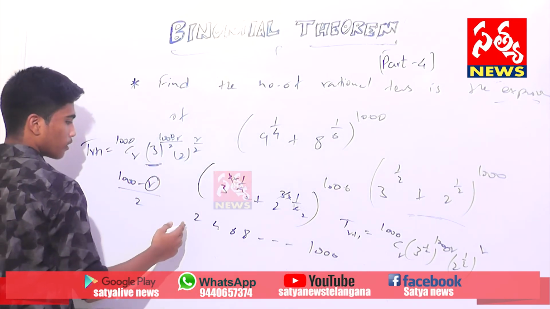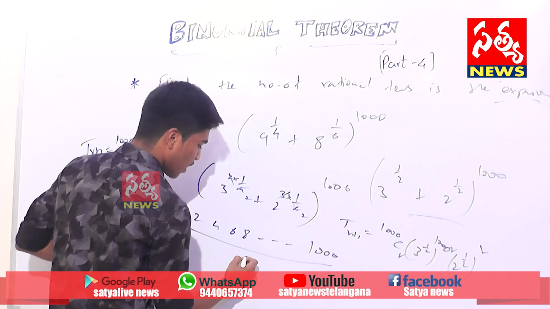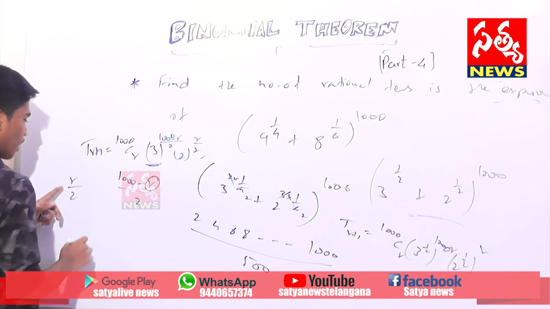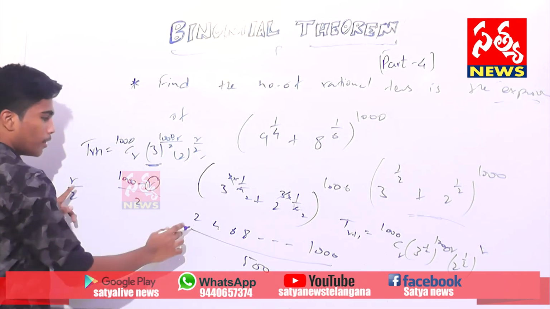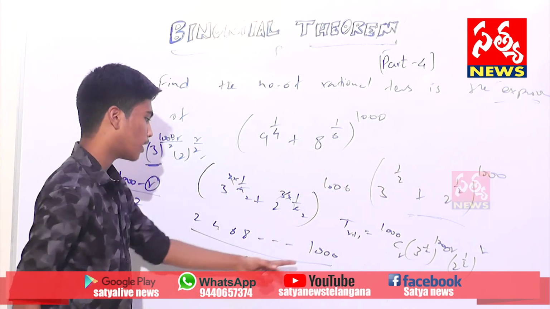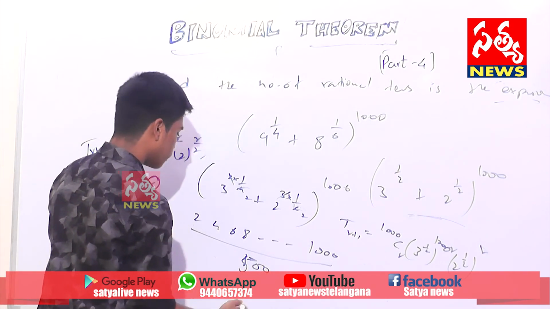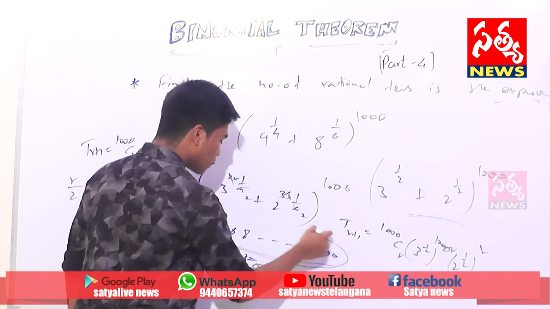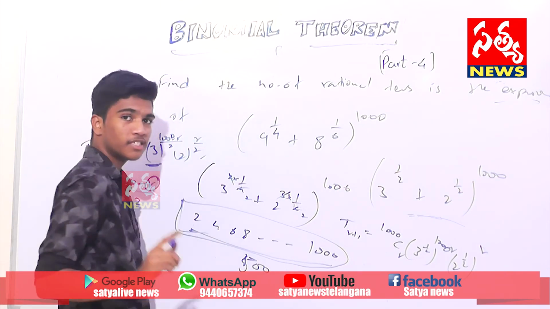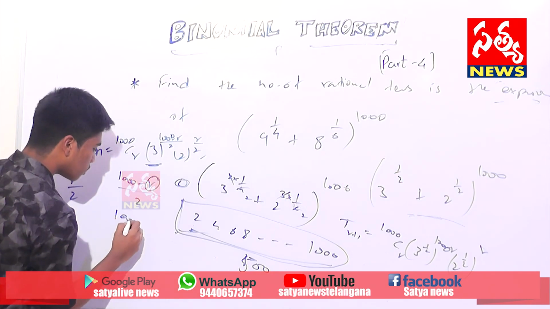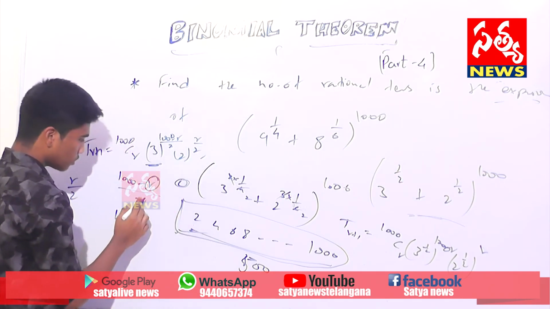Okay. There are 500 terms here. R by 2: r can be 2, 4, 6, 8, like that up to 1000. We got 500, but these are natural numbers. There is the number 0, which can also give a rational term.